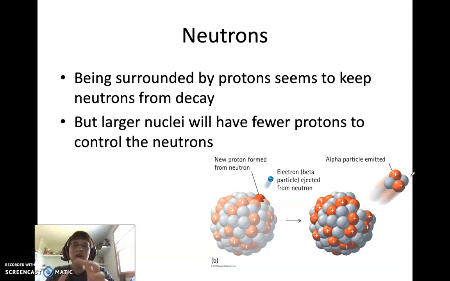But as you get bigger, you need more of those neutrons, and you need the protons to keep the neutrons in control. And you eventually get to the point where there aren't enough protons to keep the neutrons under control, and they start to decay and turn into protons themselves, and we start the process of radioactive decay, as you see here in the picture, and we start to make new elements.